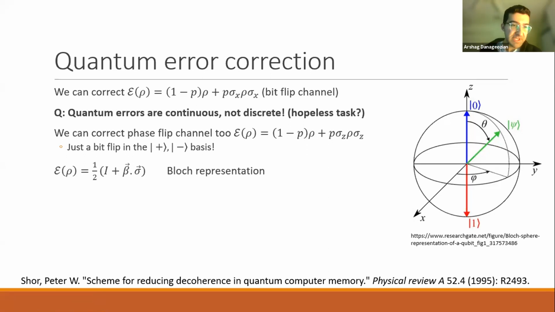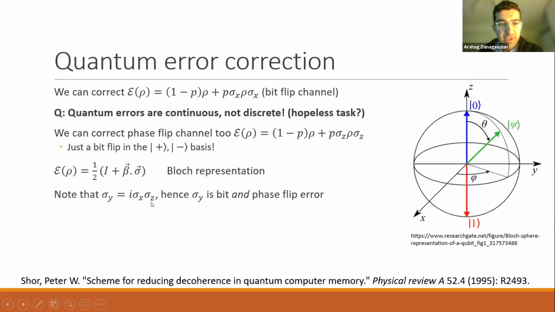Well, first of all, you notice that we can write down any error on a single qubit as a Bloch representation, right? Where we have our Pauli matrices right here. Then we note that one of the Pauli matrices, specifically sigma y, can be written in this form, right? Where sigma x comes from the bit flip error and the sigma z comes from the phase flip error.